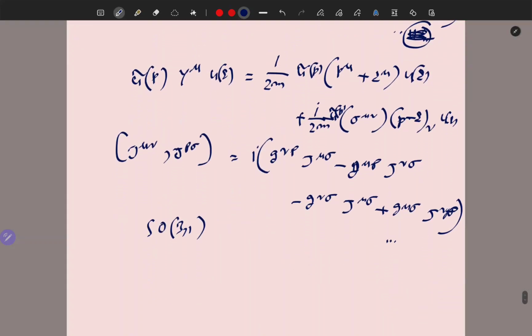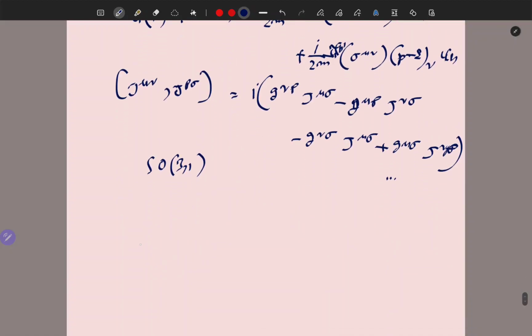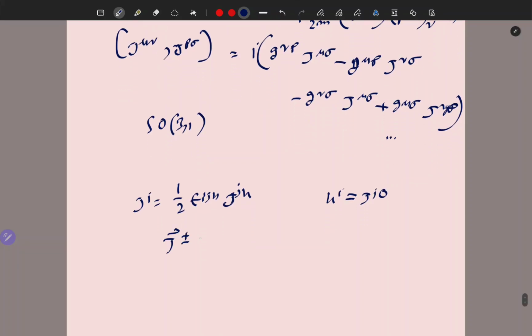If we arrange the components of J mu nu, that can be written as J i equal to 1 by 2 epsilon i j k, where K i equal to J i0, which can be defined as J vector plus minus equal to 1 by 2 J vector plus minus i K vector.